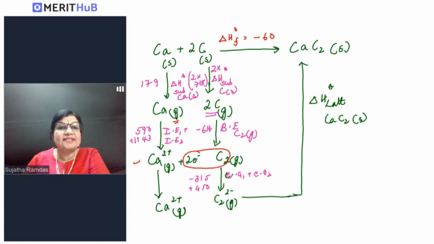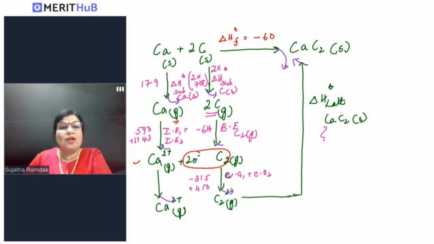So these are the various enthalpy terms or thermodynamic terms, and your task is to find out the lattice enthalpy of calcium carbide. Now let's compile all the vectors or arrow marks or directions in the clockwise direction and in the anti-clockwise direction. And you will notice that only this vector is in the clockwise direction. All the other vectors are in the anti-clockwise direction.